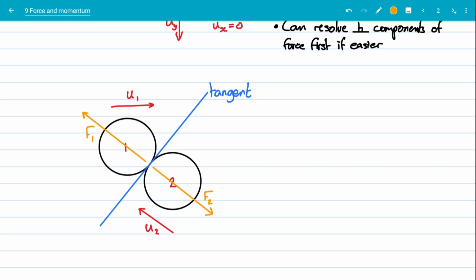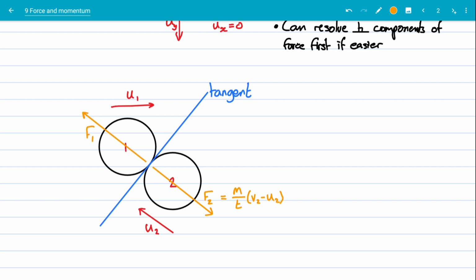And then we can see that object 2 is easy because that force is going to be equal to a rate of change of momentum. So if we say that's equal to, say, m over the duration of the contact, v minus u, that's v2 minus u2, assuming they've all got the same mass, so I only have to have one m, and we can work out the change in velocity. And that's all one-dimensional, that's fine.